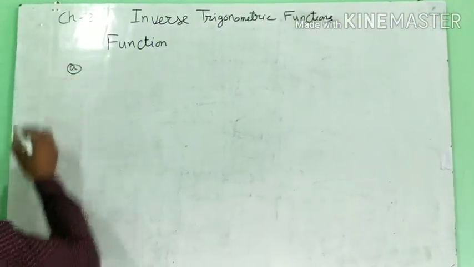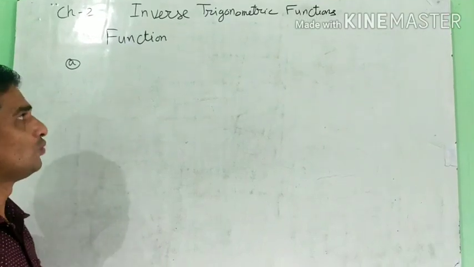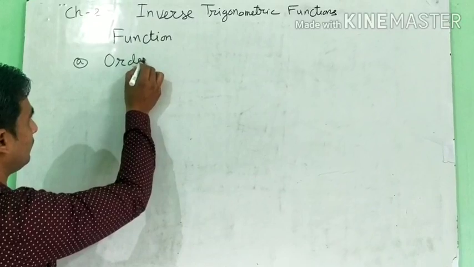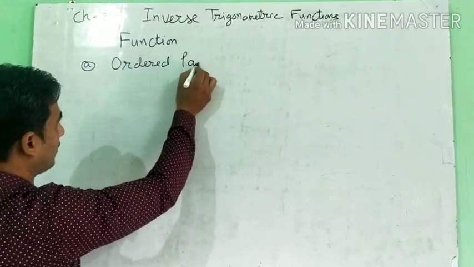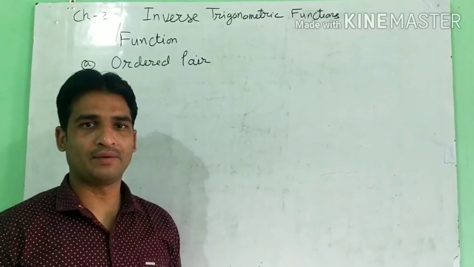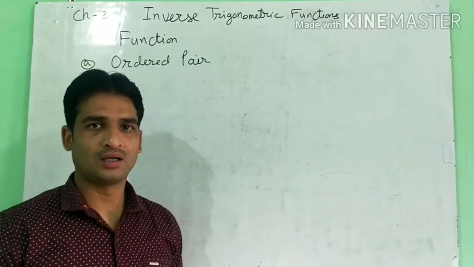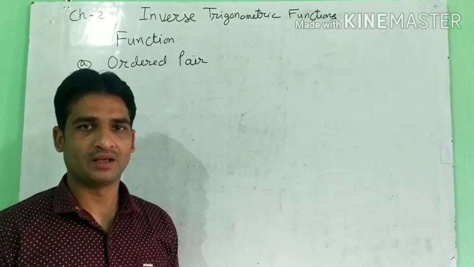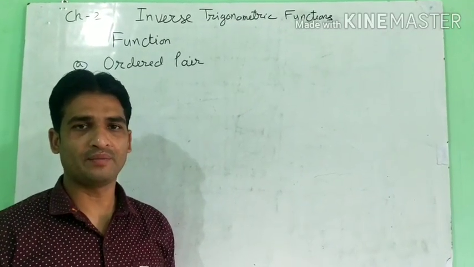And first of all, you have to know what is ordered pair. As it is clear from the name, there are two words. First is ordered and second is pair. We all know pair means two.